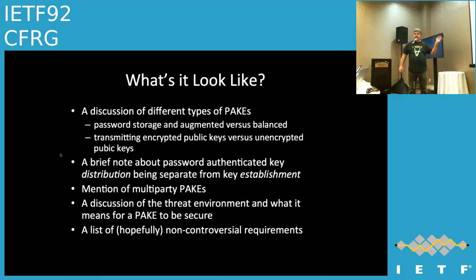You can have an augmented PAKE or a balanced PAKE. You can encrypt public keys or not encrypt public keys, that sort of thing. And it has a list of, hopefully at this point, non-controversial requirements, and when we get around to discussing it on a list, we can change them or add or subtract to the list.